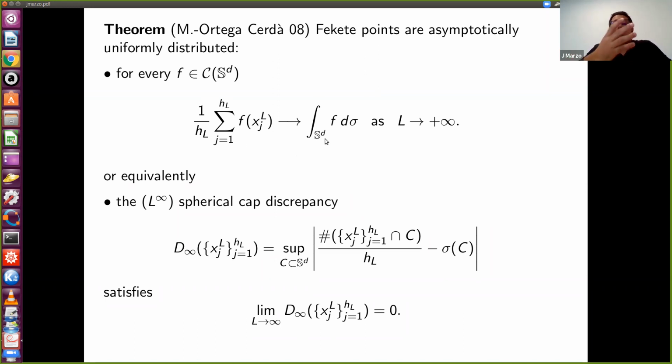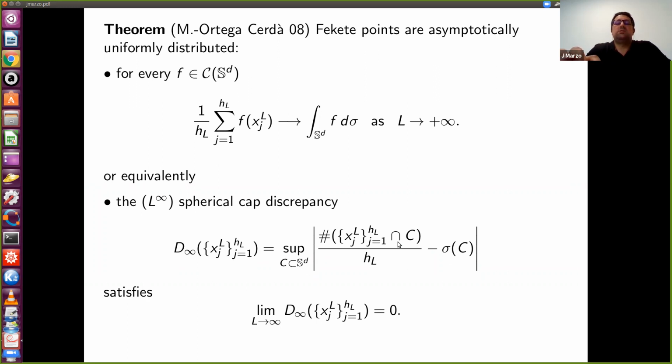Just because later I will talk about discrepancies, there's also this equivalent condition. If you define the spherical cap discrepancy, or the L infinity spherical cap discrepancy, of this set of points, this is the definition: the supremum, when C runs through all the spherical caps on the sphere, of this difference.